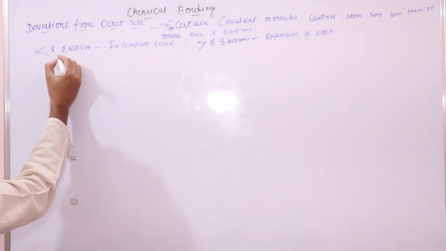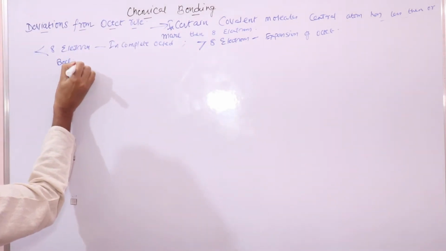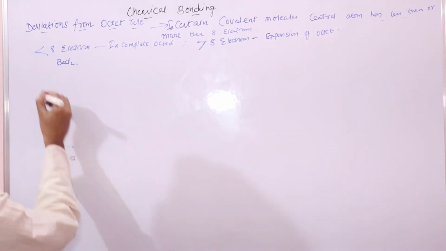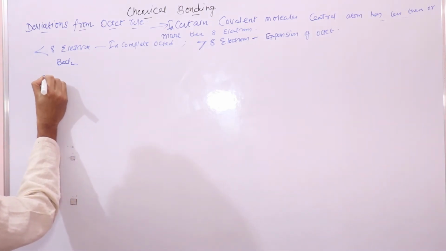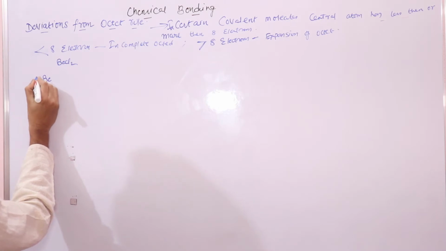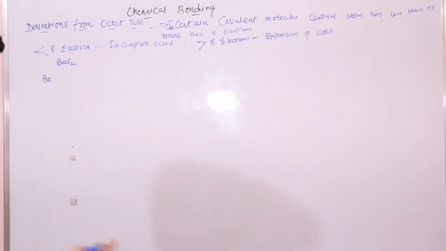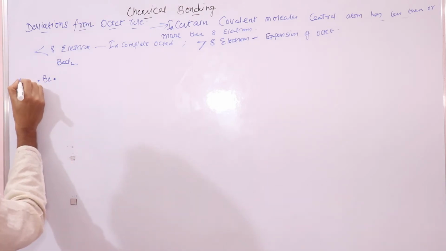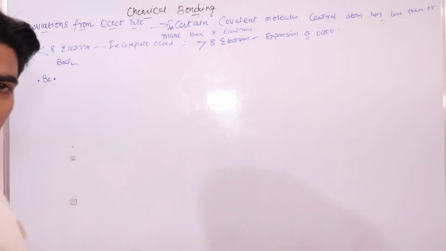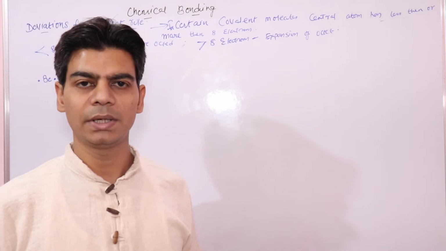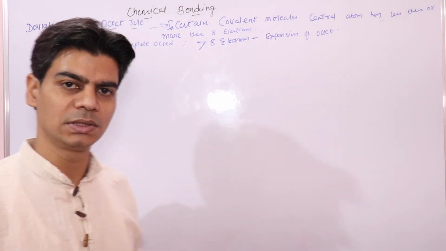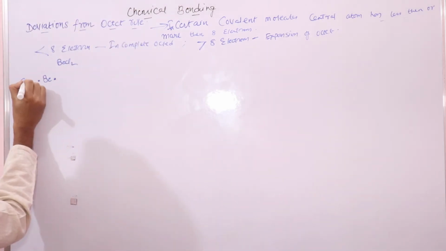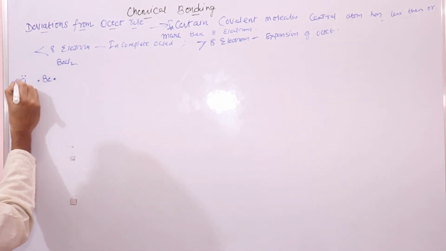So the first one is BeCl2, beryllium chloride. Beryllium has 2 electrons in the outermost shell, like this. And it has 2 chlorine atoms, and we know that chlorine atoms have 7 electrons in the valence shell. So here we will draw chlorine atoms like this.